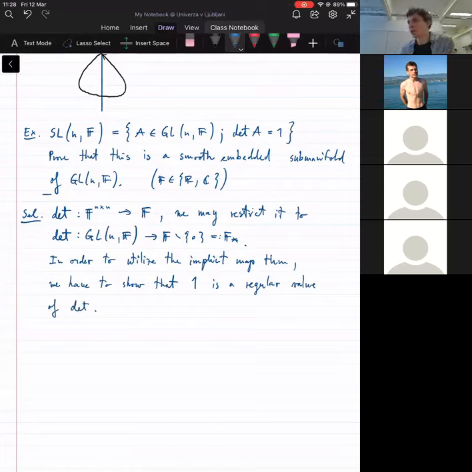Now that is, of course, a smooth map, since it's just a polynomial in n times n variables.